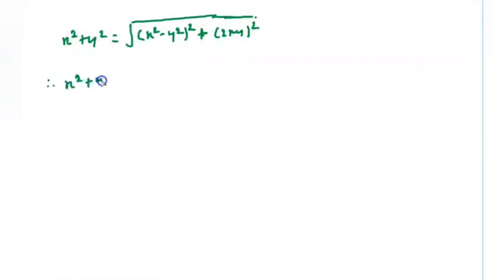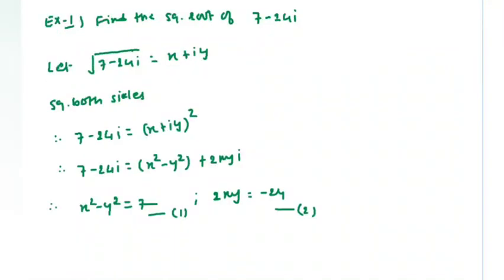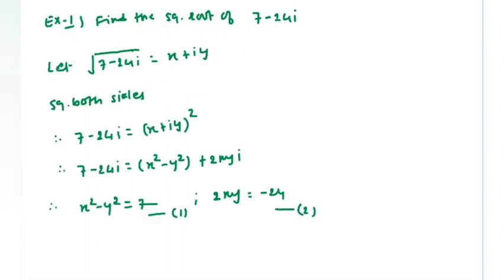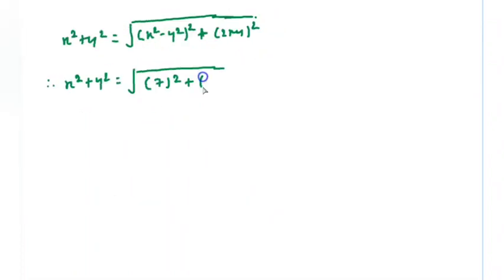X square minus y square is 7, so we have 7 square plus 2xy is minus 24, so minus 24 whole square.